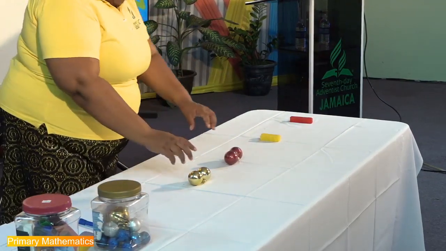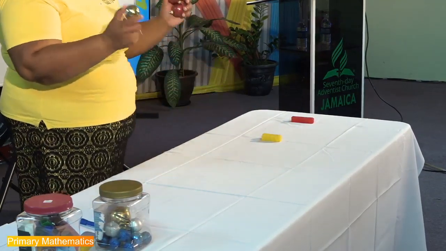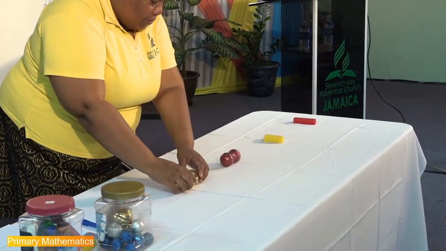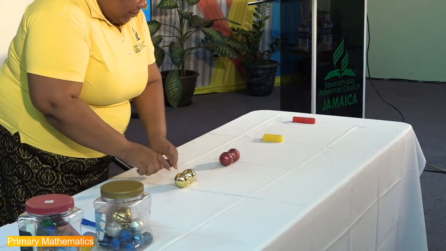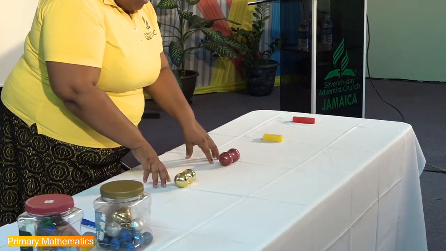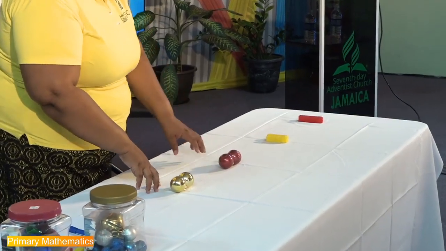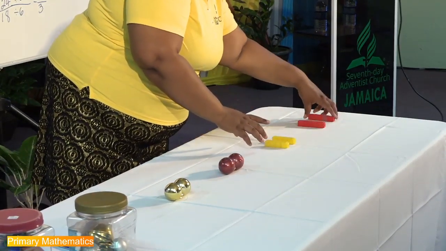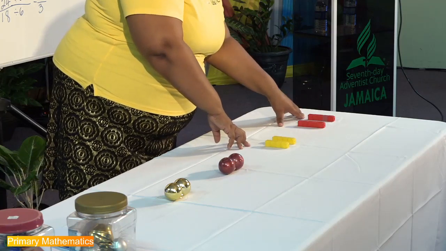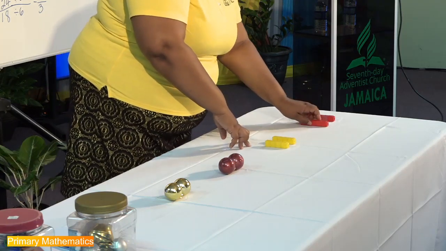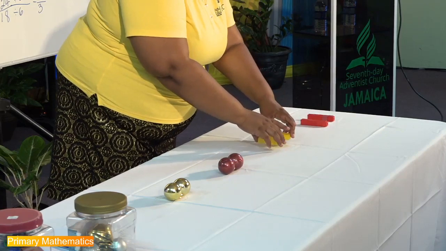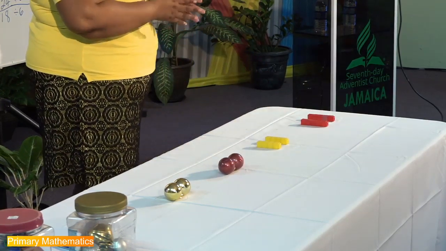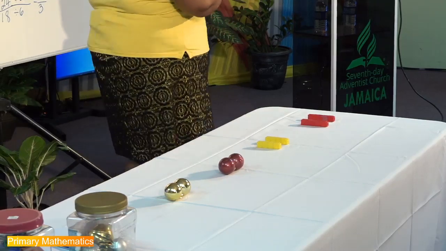When you compare these two balls, we have 2 red and 2 gold. They are equal, 2 sets that are equal. Same thing with the blocks. 2 sets of blocks, 2 red and 2 yellow. So when we say equivalent, we are talking about equal.